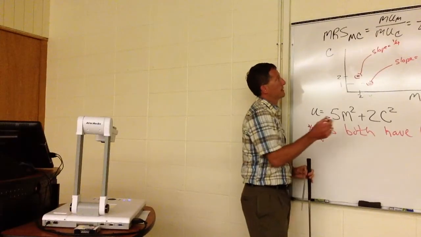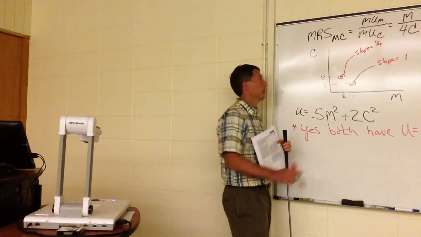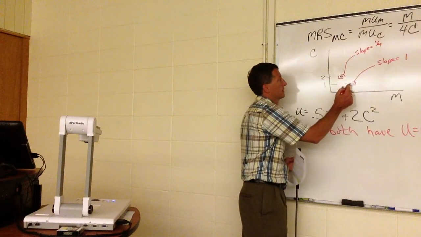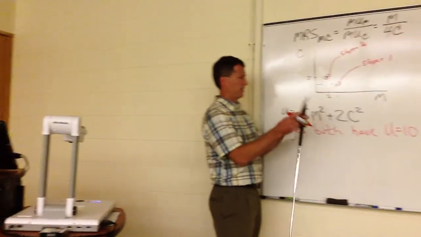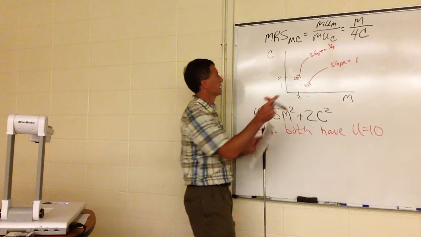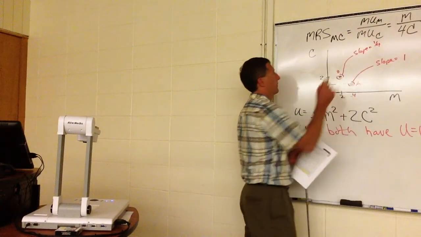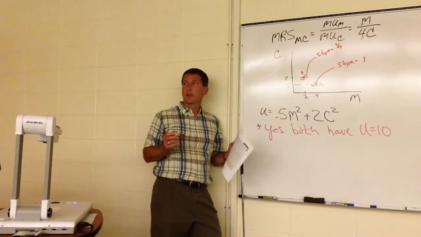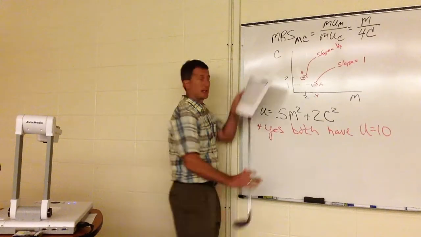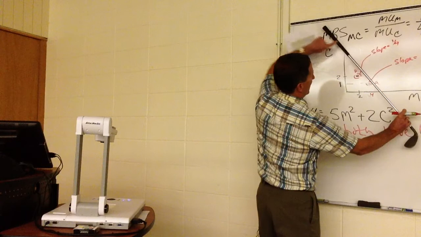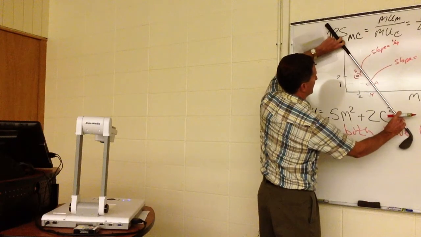So which one's steeper? Which point is steeper? Let's call this point A and point B. So what's going on at point A? It's steeper, right? So a 1-to-1 slope would look like this, let's say.